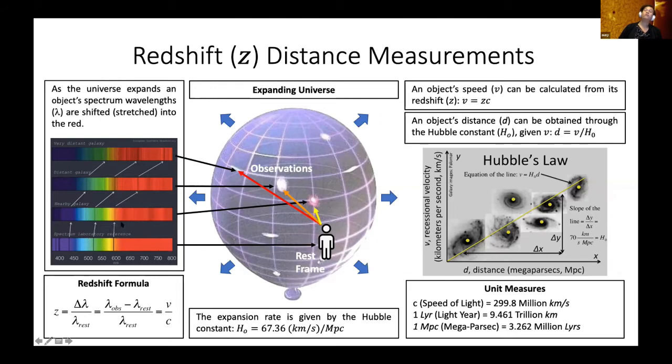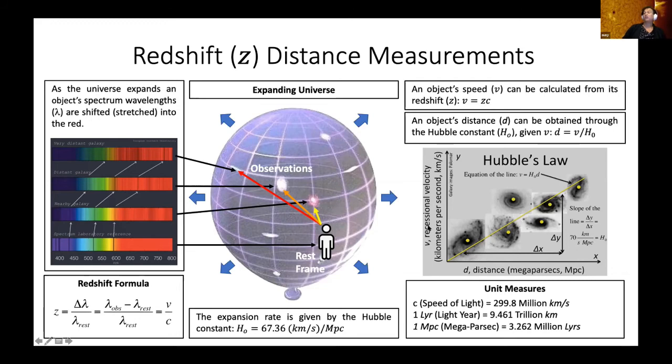Therefore you can find the shift in wavelength by subtracting the wavelengths measured in your laboratory, and that gives you the redshift, which is the ratio of the speed it's moving away to the speed of light. Once you get the speed, you can actually work out the distance from the Hubble constant.